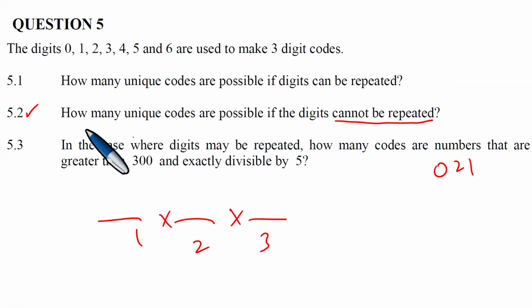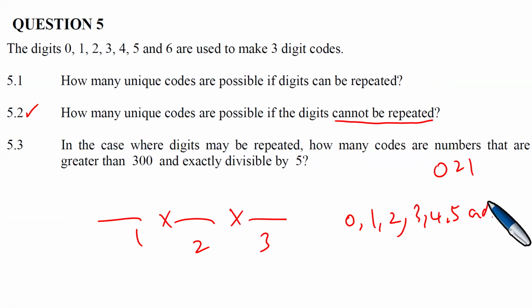Right, so how many unique codes are possible if the digits cannot be repeated? So now they can't be repeated. It means that we're taking them from 0, 1, 2, 3, 4, 5, and 6. We have 7 choices to make for the first one.